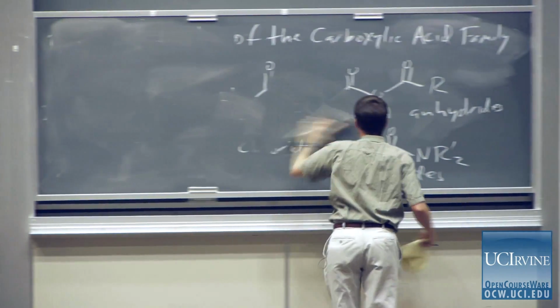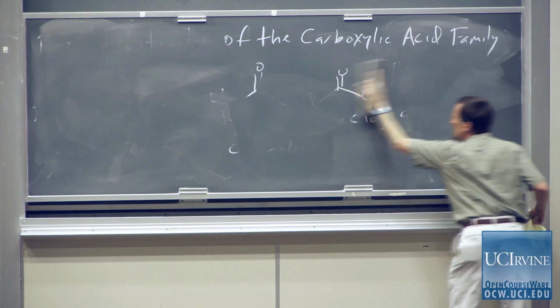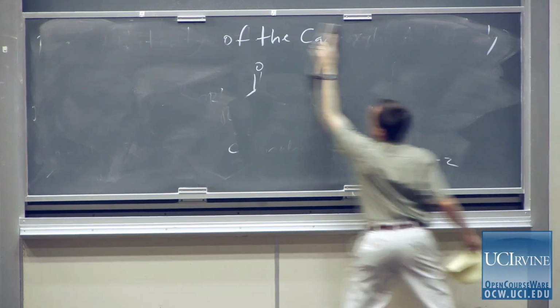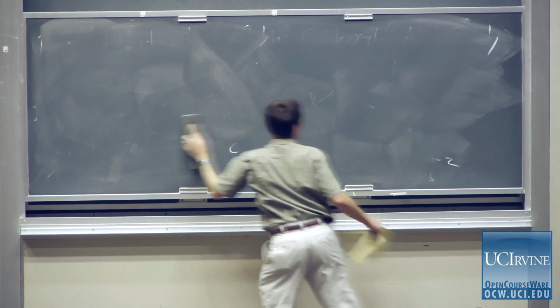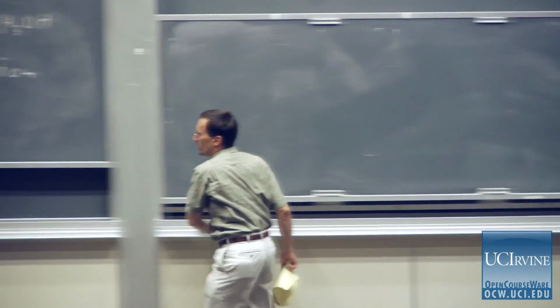And to a certain extent, maybe with the exception of amides here, if I took any of the compounds that I'm erasing and treated them with lithium aluminum hydride, you would get a similar reaction.